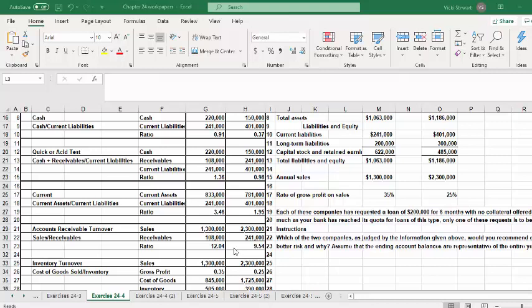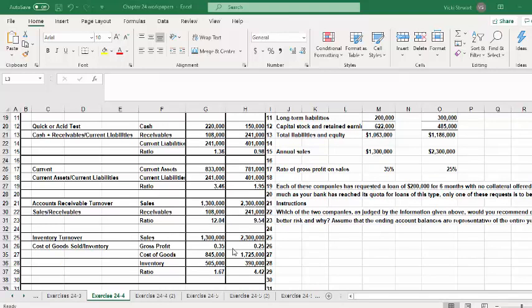We see in this case that Era is collecting their receivables quite a bit quicker than McCoy is, of course, at 12 times a year compared to not quite 10. So that means they're collecting their receivables within about 30 days, once a month, Era, and a little less than that for McCoy.